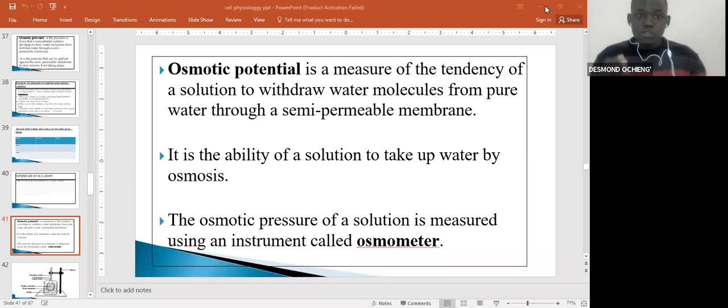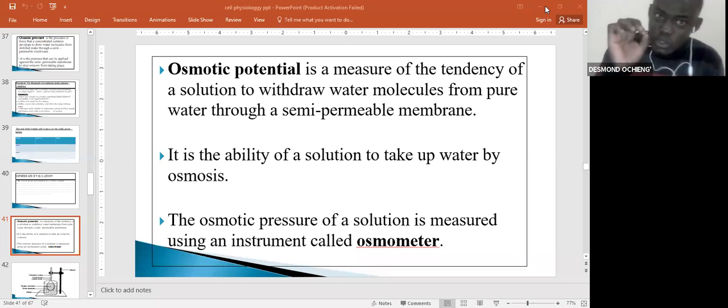So Ernest Momo, in simple words, we can say that osmotic potential is the ability of a solution to take up water by osmosis. And if we have two solutions where one is highly concentrated and the other one is lowly concentrated, then we can say that the solution which is highly concentrated has a high osmotic what?